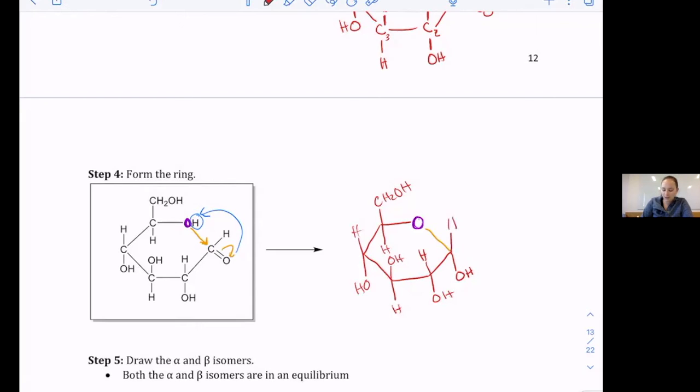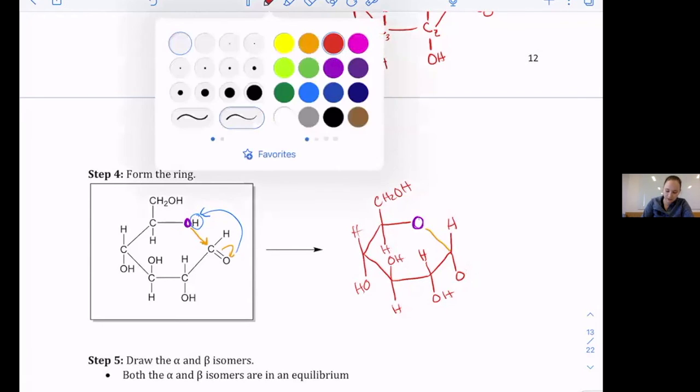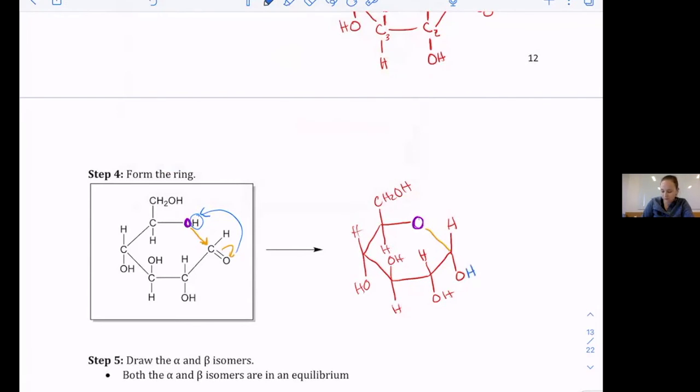Because when it attacks that carbonyl, it can attack either side of it, and therefore you can have the hydroxide going up or down. And then you fill in, so let's go ahead and change this H to blue to show that it was that one that we stole. So the carbonyl is going to turn into an alcohol.